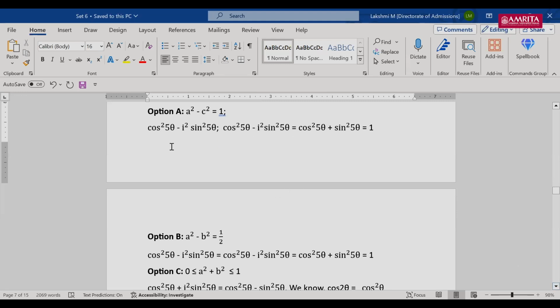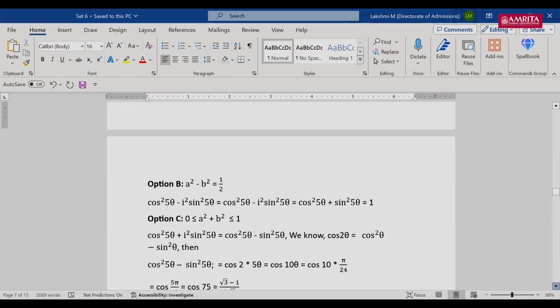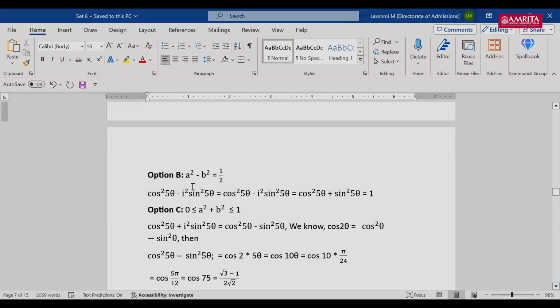So this is cos square 5 theta minus i square sin square 5 theta, so this is like plus 1. So this is actually 1. The second one is the same, cos square 5 theta minus i square sin square 5 theta. So here it will be 1 only, it's not 1 by 2. So this one, you need to find a square plus b square equal to something which is less than 1, between 0 and 1. Here this is cos square 5 theta minus sin square 5 theta.